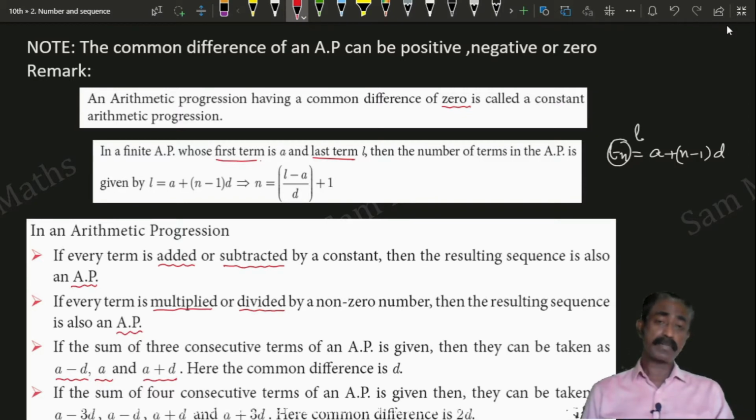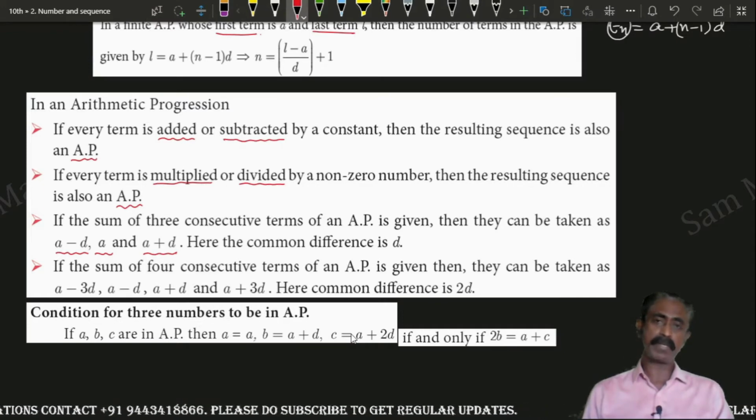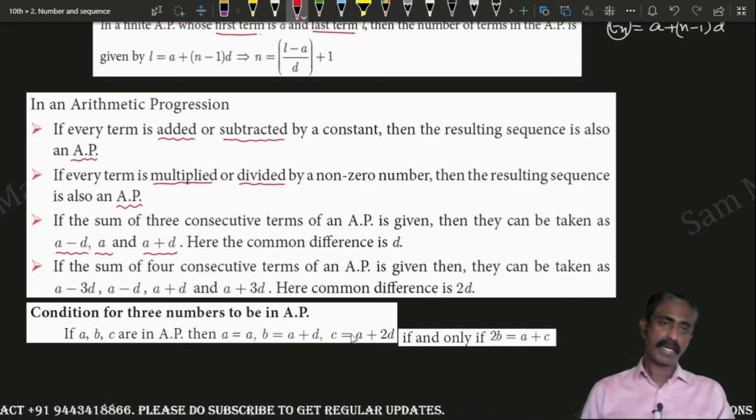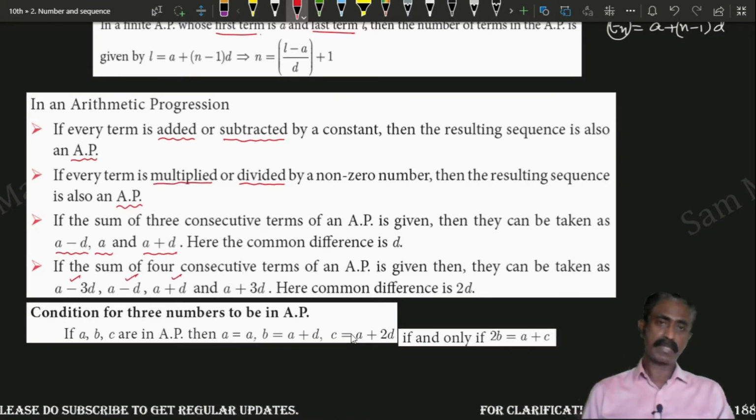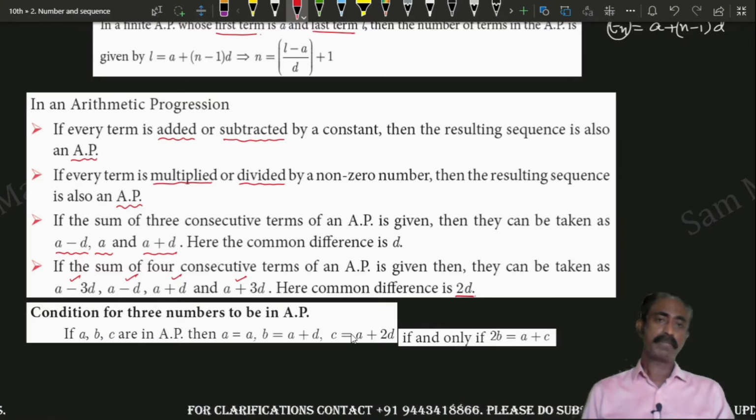If you need three consecutive terms, in some cases we consider A minus D, A, A plus D. If the sum of four consecutive terms of an AP is given, we consider A minus 3D, A minus D, A plus D, A plus 3D. Here the common difference is 2D. It's important. Normally we take the common difference as D, but in this case 2D is the common difference.